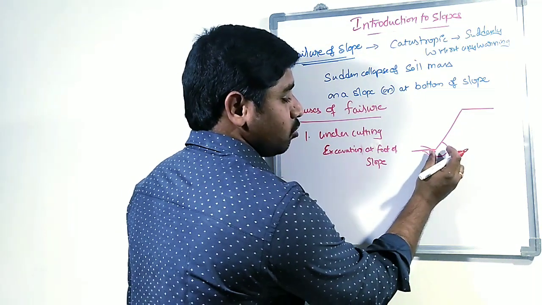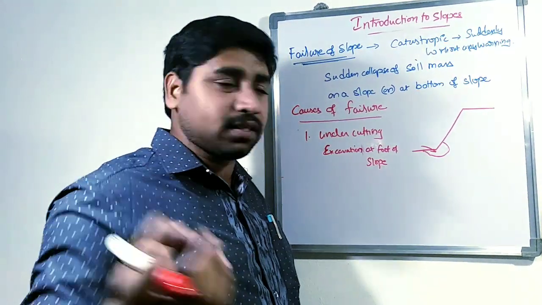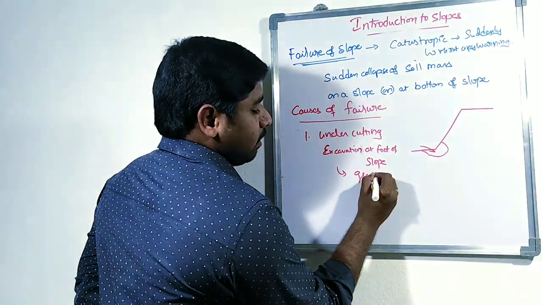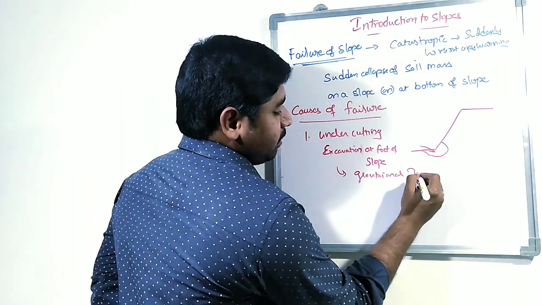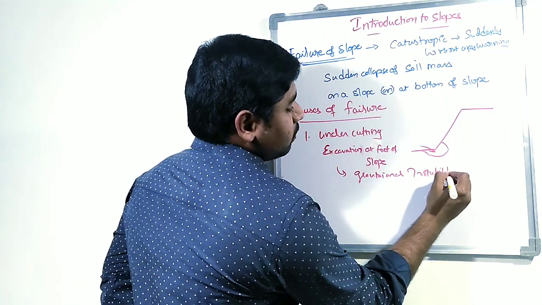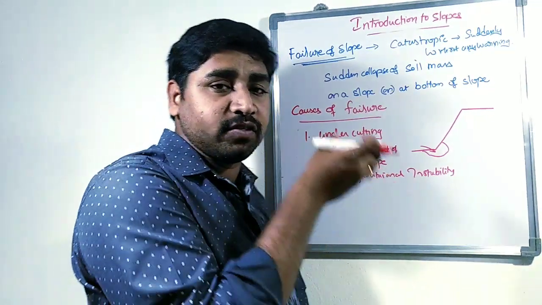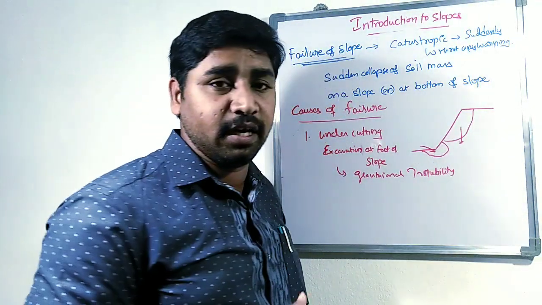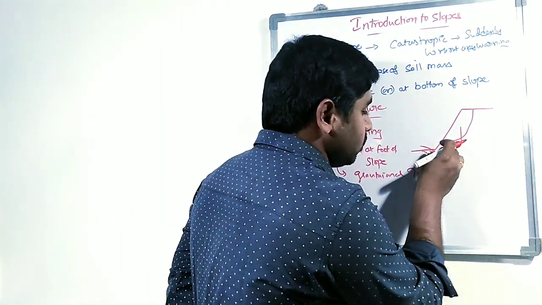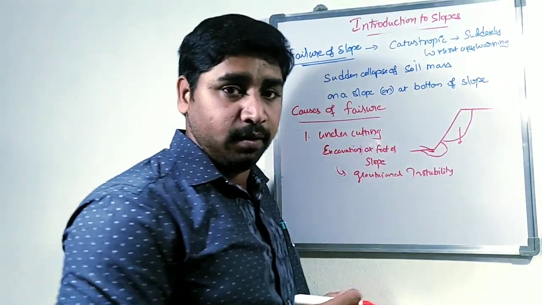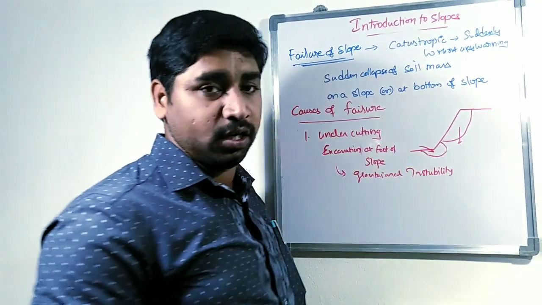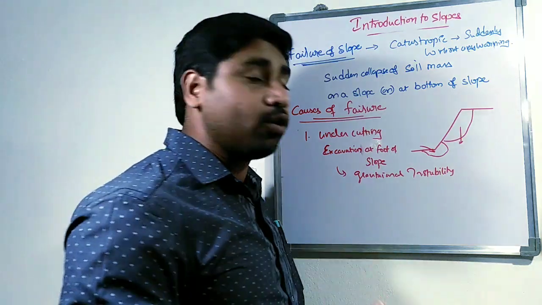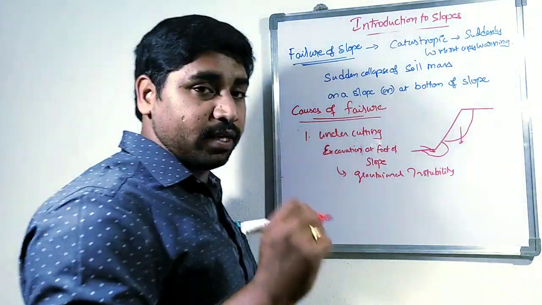So at the bottom of the slope, if any excavation is done, it leads to gravitational instability. Because of this instability which has occurred because of the self weight, this weight is going to act additionally now, and in order to oppose it, soil mass is missing here. That is why instability is going to occur, which leads to collapse or failure of the slope. That is the first major reason.